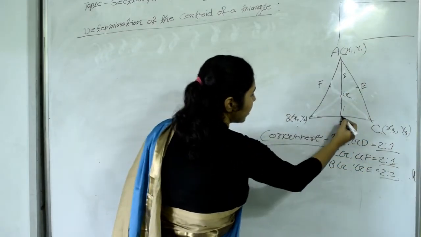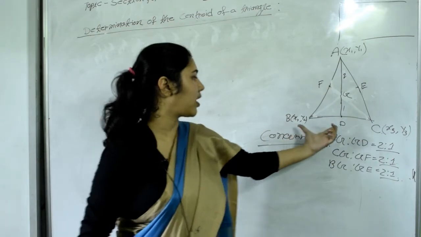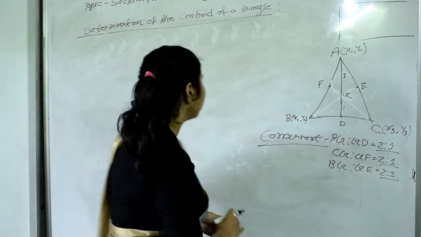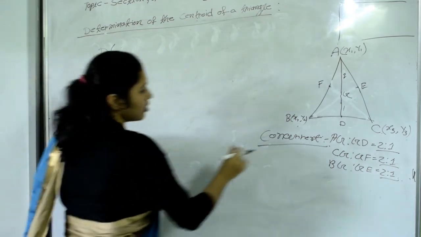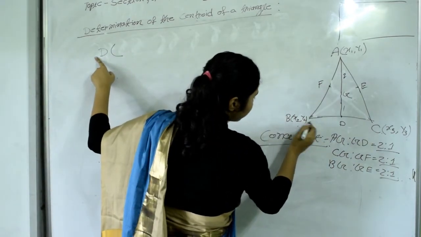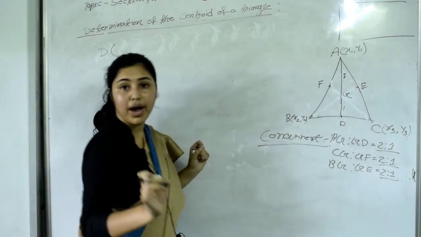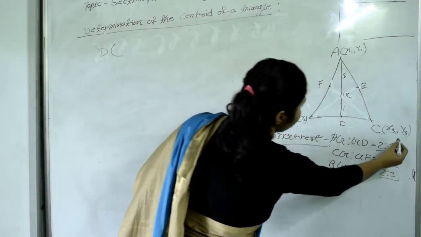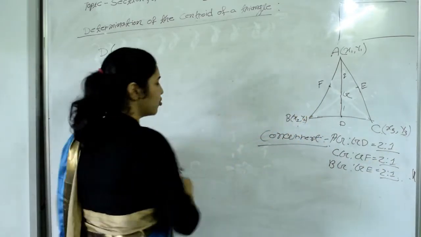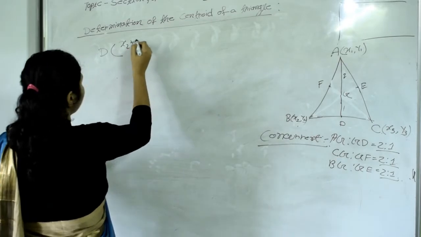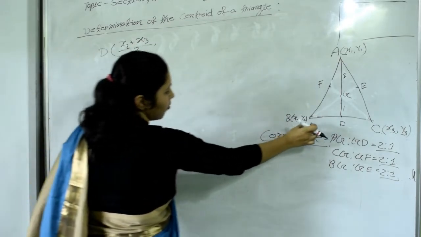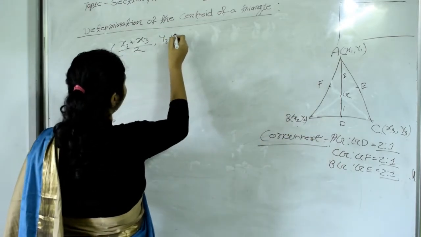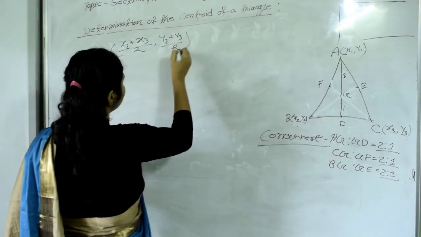Okay, if D is the midpoint of the line segment BC, then we know that the coordinate of the point D is (x2 plus x3) by 2, (y2 plus y3) by 2, right?